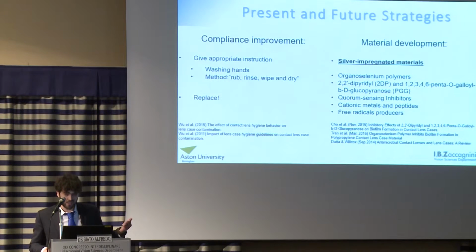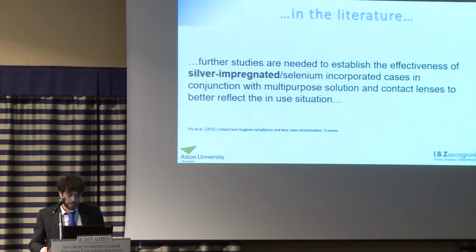In fact, you can see that the first one is from November 2015, and the other one is from 11 March 2016. So the research is going forward. But in the review, I also found that further studies are needed to establish the effectiveness of silver-impregnated cases. But actually, we did it.